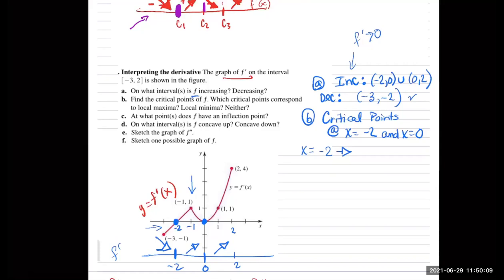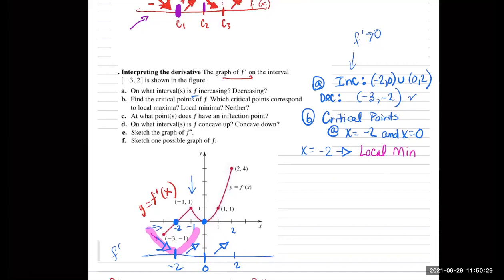So if we look at our sign chart, notice at -2, our curve would be going down, and then it goes back up. So that means we would have a local minimum.